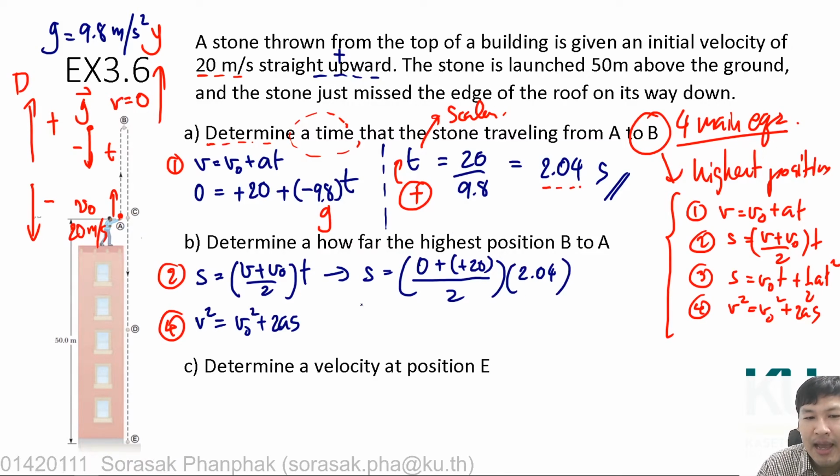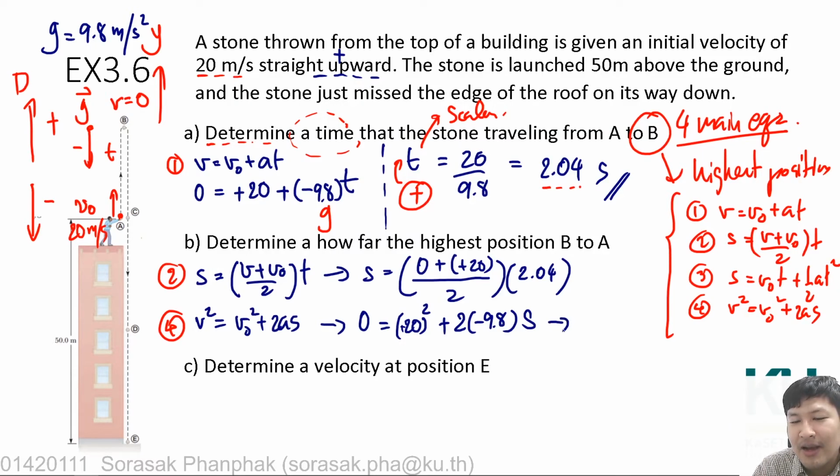And how about this one? You know the terminal velocity is 0, equal to the initial, 20 square. Add the signs in just in case, plus 2 multiplied by minus 9.8, and s is what you want to find.